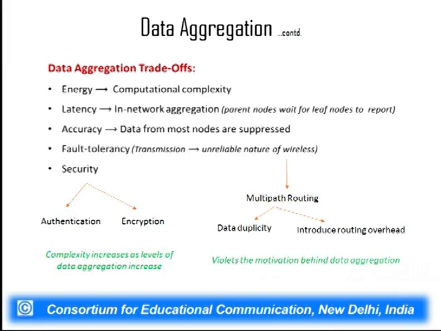Now once data is collected and aggregation is done, what are the important factors we have to keep in mind, the trade-offs? They are energy, because the computational energy should not be so much that it crosses over the communicational complexity. So the type of computation involved in data aggregation should be minimized. The second is latency.